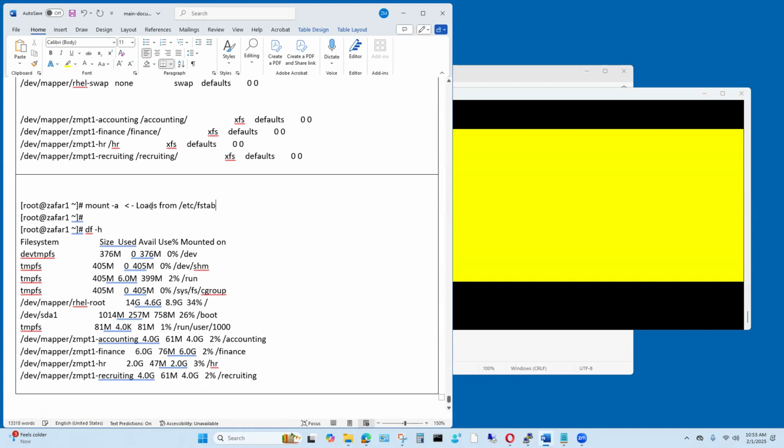It says parse error at line 16 ignored. Yeah, it didn't do it. So let's go look at /etc/fstab, because it's not mounted, right?